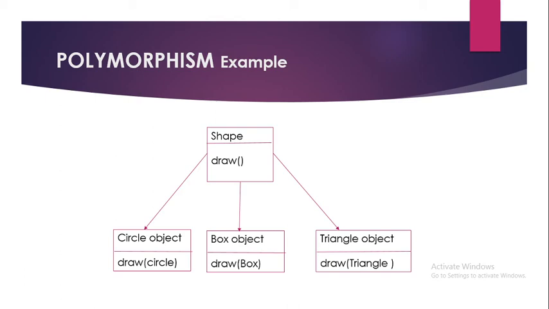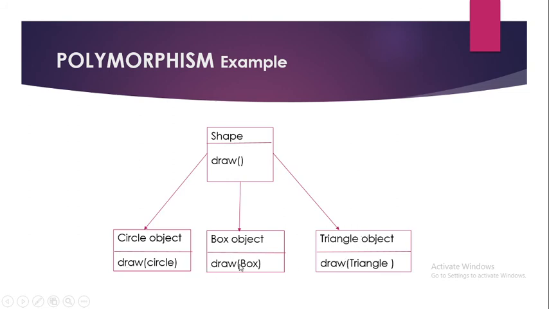So the circle class will have a circle object, box will have a box object, triangle class will have a triangle object. The circle object also has a draw method, box also has a draw method, triangle also has a draw method. See, the method names are the same everywhere.